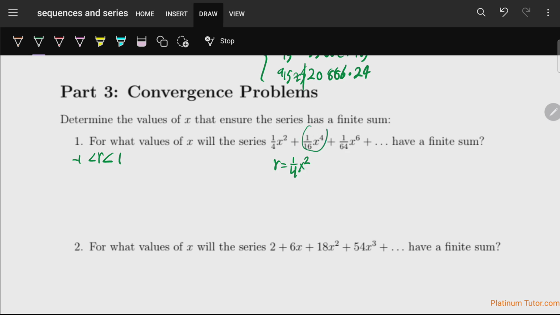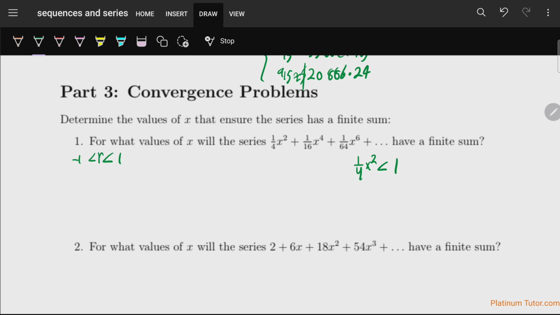If I multiply this by 1 over 4x squared, I get 16 times 4 is 64. x to the 4 times x squared is x to the 6. So the common ratio is this, right? And I want 1 over 4 x squared to be less than 1.